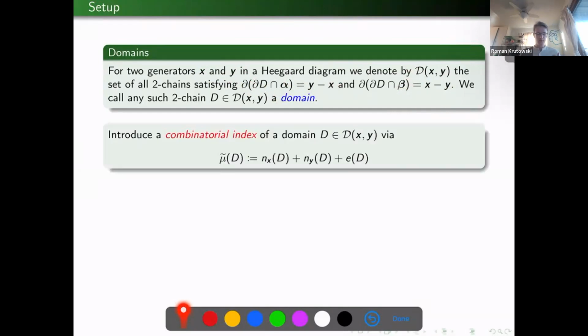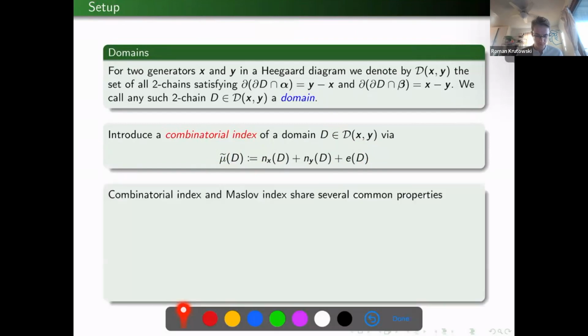Then we can define the so-called combinatorial index of any domain by this formula. So we may try to prove that the Maslov index is equal to this combinatorial index using some shared properties of both indices.